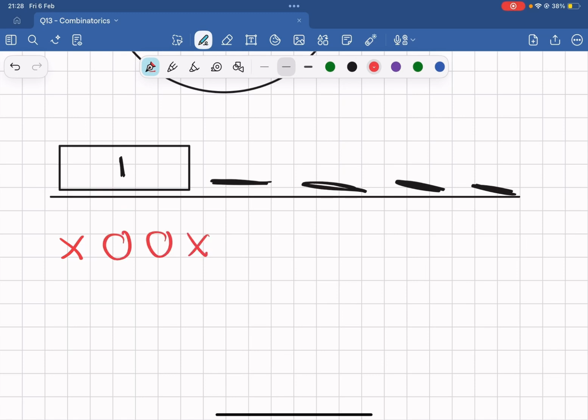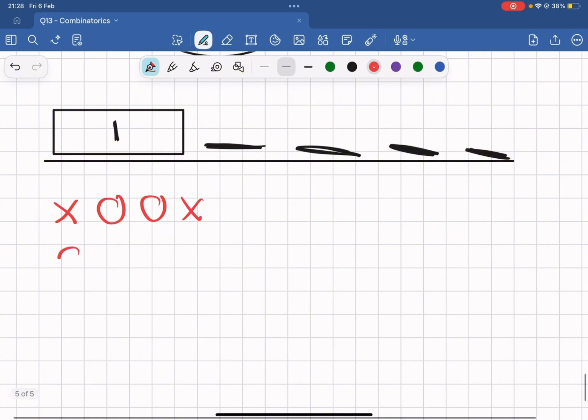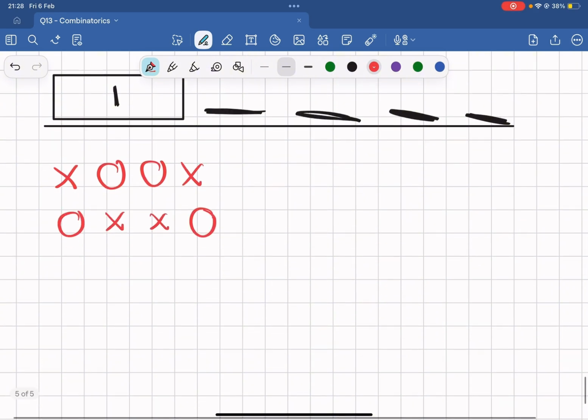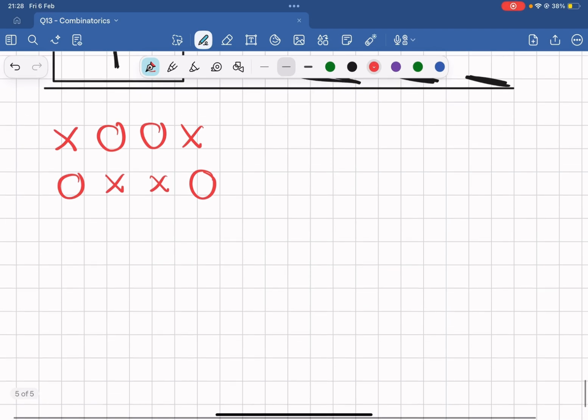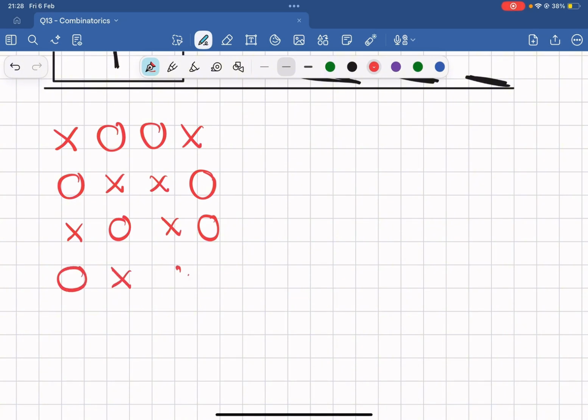That's one arrangement. We could have a husband, wife, wife, husband. We can also have husband, wife, husband, wife. Or we can have wife, husband, wife, husband.